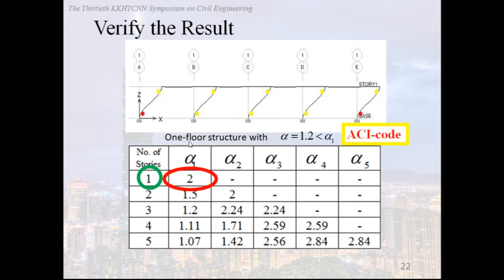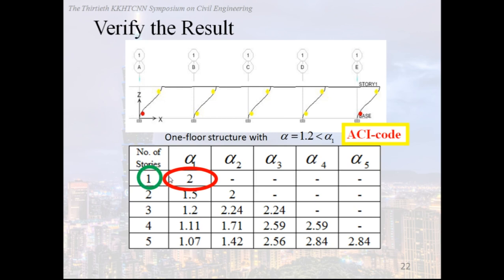The figure is the one floor structure with alpha equal to 1.2, and this is the value of ACI code. And in ETABS, we found that the result is story mechanism at the first floor. And from the table, we also get the same result because alpha is smaller than alpha 1, that is the one floor structure.